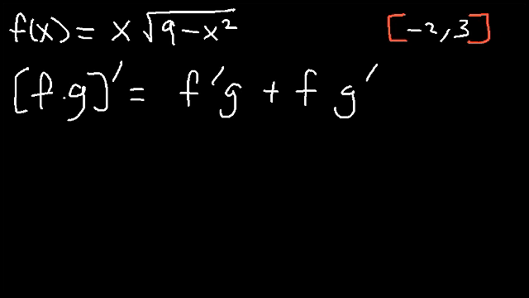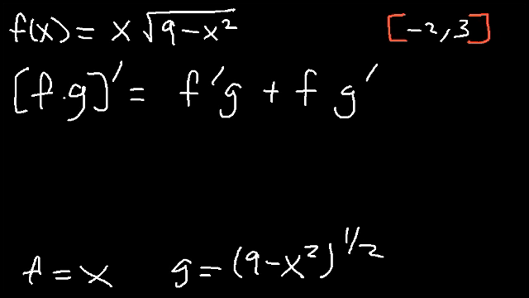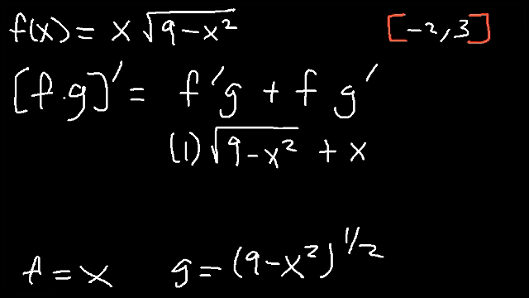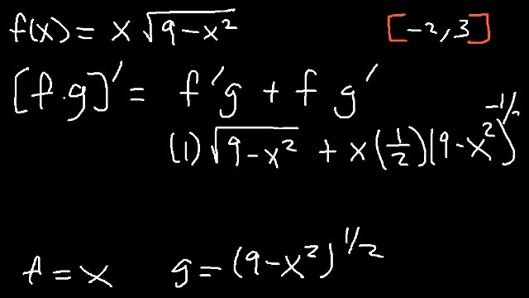So if f is x, and g is 9 minus x squared raised to the 1/2, then f prime is 1. g is still the square root of 9 minus x squared. f is x, but g prime is 1/2 times 9 minus x squared to the negative half times the derivative of the inside, which is negative 2x.